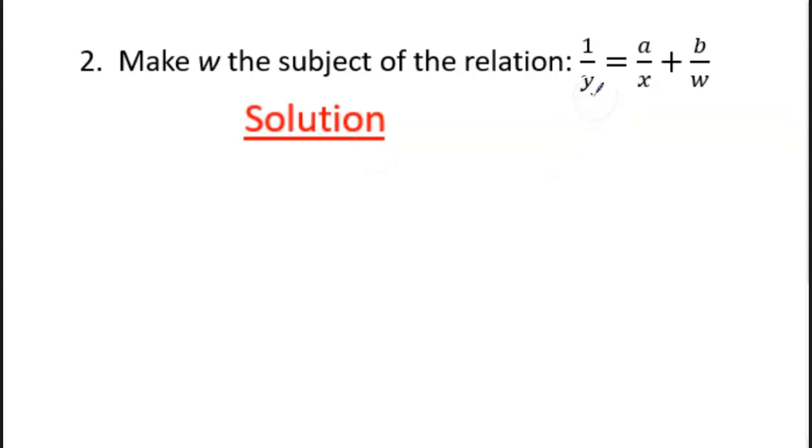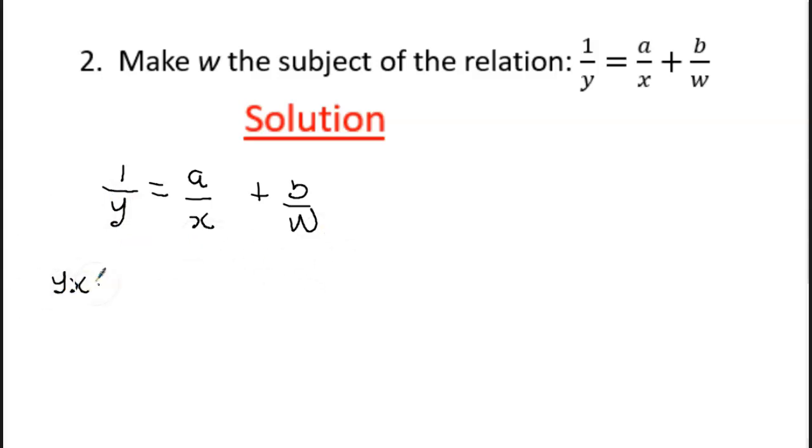So at the denominator we have y, x, w. The LCM of y, x, w will be y x w. So we are going to multiply each term by the LCM, which is y x w.